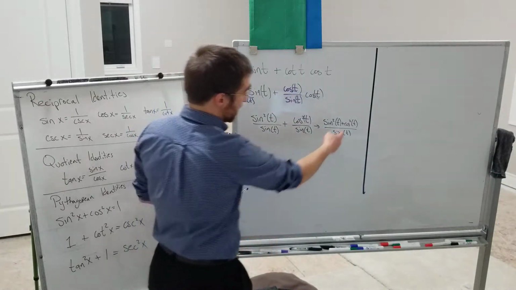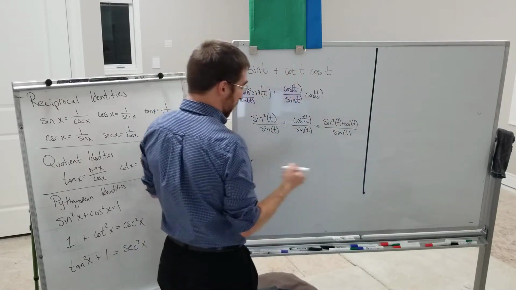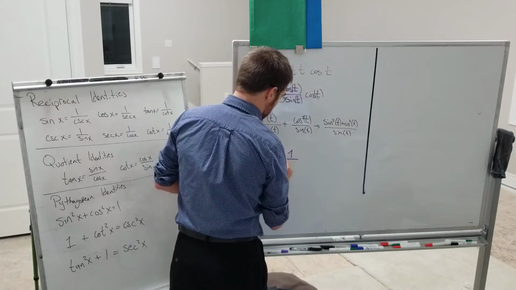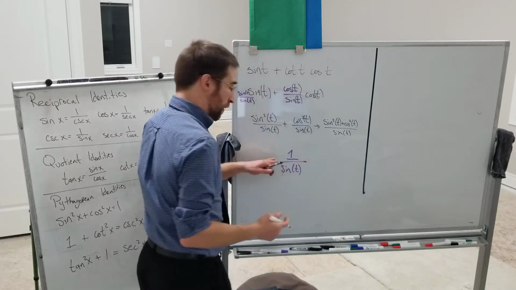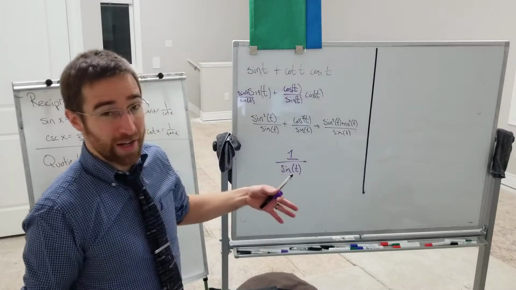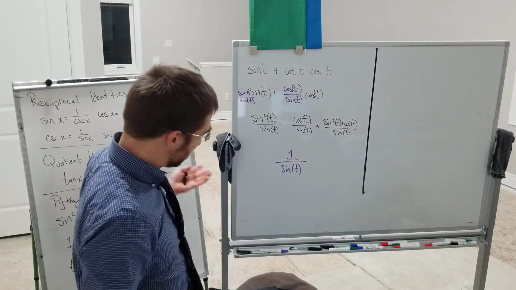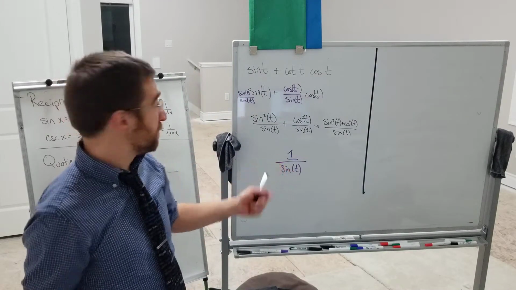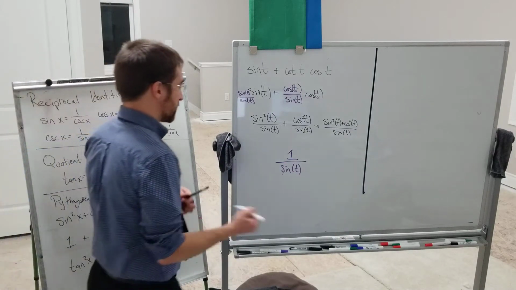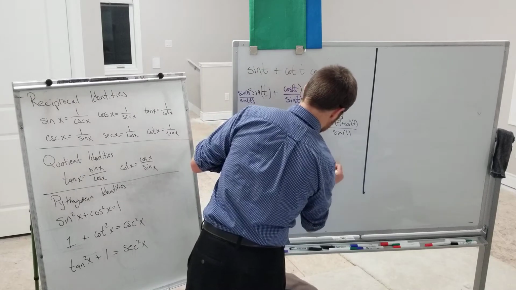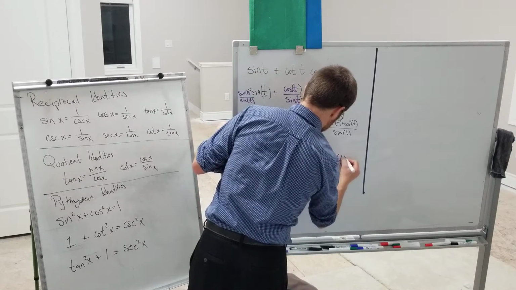I can replace this sine squared plus cosine squared with a 1 and just get 1 over sine of t. But since that's a rational expression, it's not as simple as it can be. 1 over sine, that's cosecant. So we're just going to write it as our answer, cosecant of t.